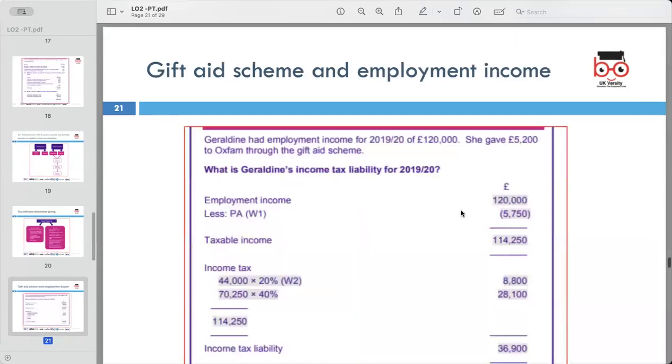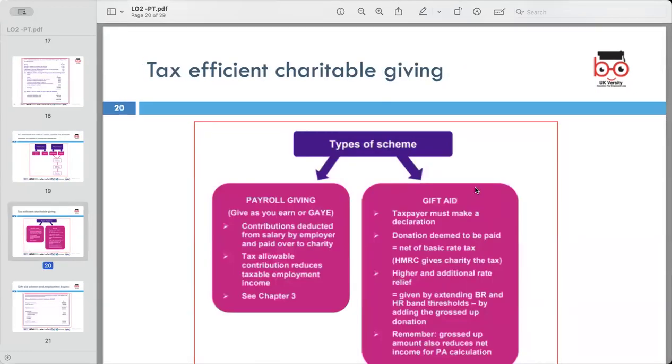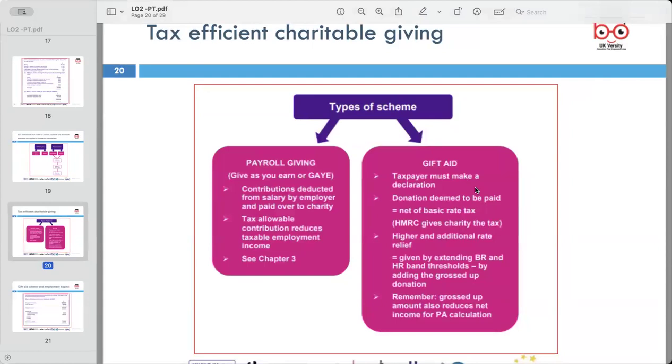Right. So then we talk about gift aid. Under gift aid, as we discussed above, the taxpayer must make a declaration confirming that they are a UK taxpayer and the charity can reclaim the basic rate on their donations from HM Revenue and Customs.